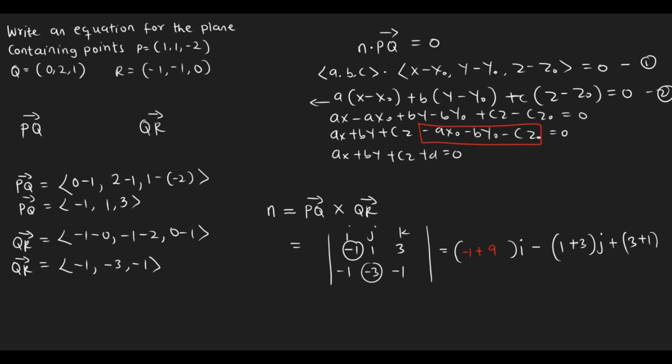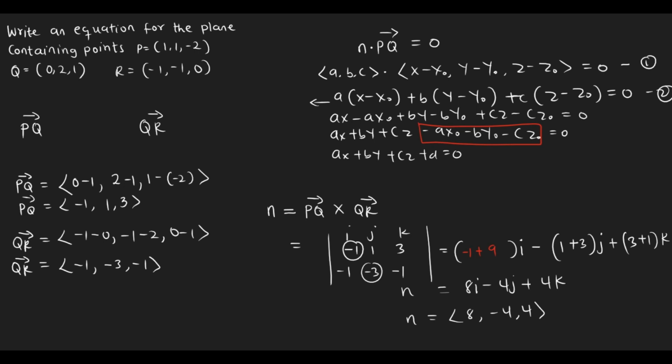Okay, so that's +1k. So let's simplify this. This is going to give us 8i minus 4j and then plus 4k. So this will be the normal vector. So I can write this as n equals 8, -4, and 4. Okay, so we have the normal vector now.